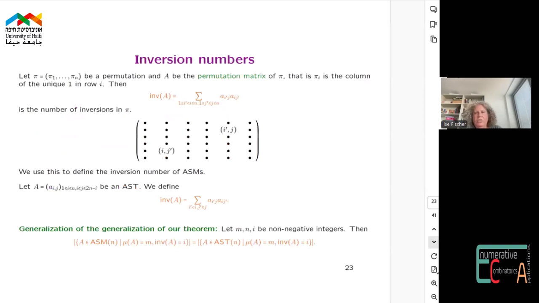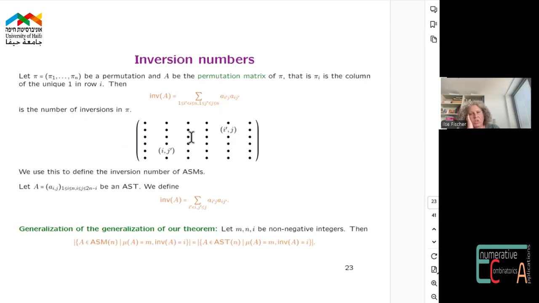I will show you another statistic, which is the inversion number. You can also define the inversion number of an alternating sign matrix, and it's just a generalization of the inversion number of a permutation. Here, that's a fancy way to write the inversion number.